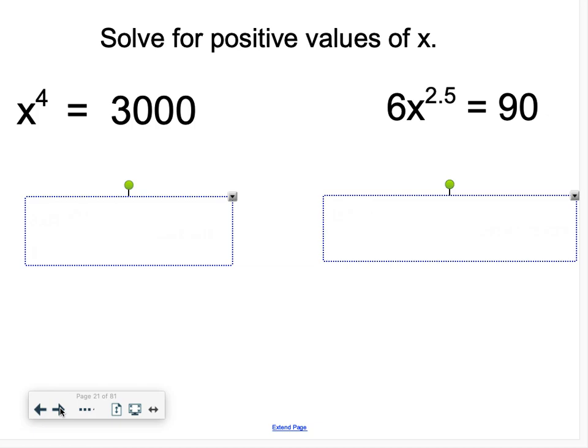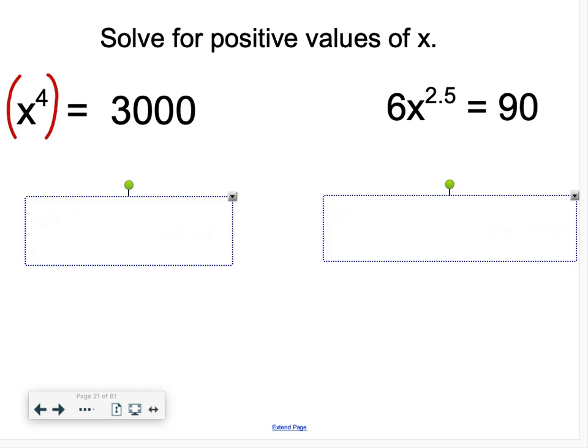Or if you think about it, how would you undo a 4th power? Well, you would do a 4th root. And we've talked about that with squares, right? How do you undo a square? You square root. Rather than doing that, just for the sake of those that might have like an 89 calculator, that it's not as easy to just 4th root something, I'm going to think about reciprocals in terms of exponents.